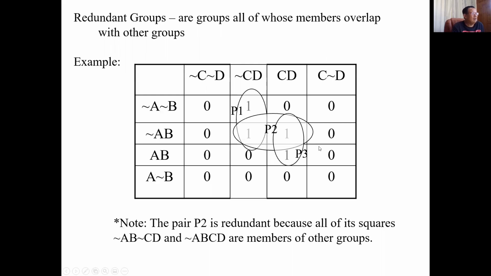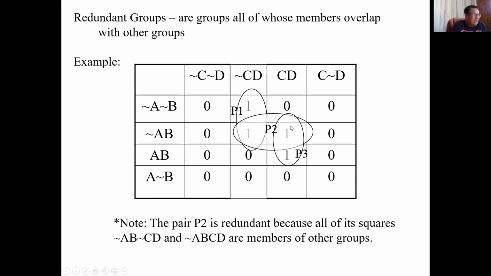Do you follow? Redundant groups. Redundant groups are groups all of whose members overlap with other groups. Like in this case, we have 3 pairs, P1, P2, and P3, right? And P2 is a redundant group. Why? Because one of its members belongs to P1 and its other member belongs also to P3.